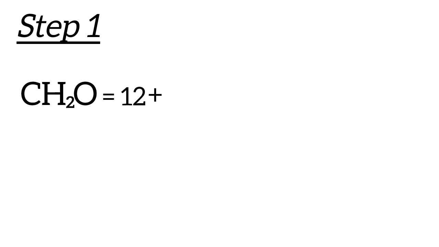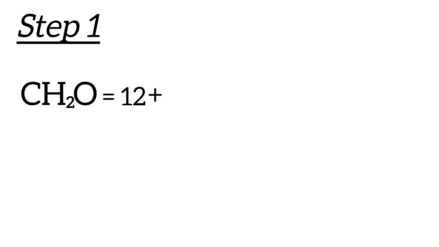So for the first step, we find the molar mass of the empirical formula. The empirical formula is CH2O. So let's find its molar mass. Carbon has a molar mass of 12. So that will be 12 plus hydrogen has a molar mass of 1.